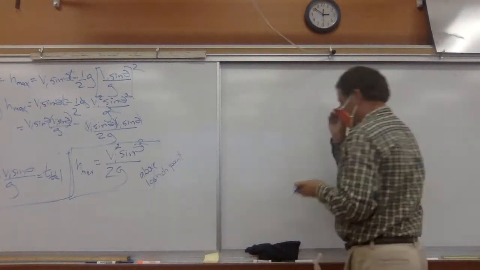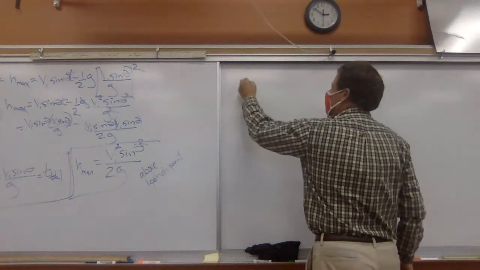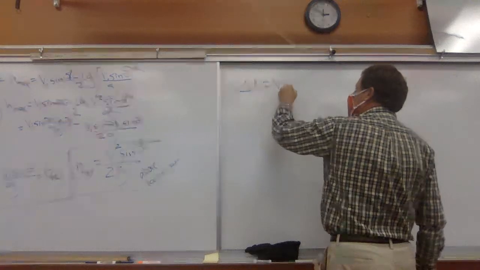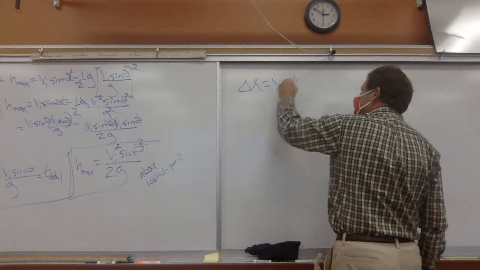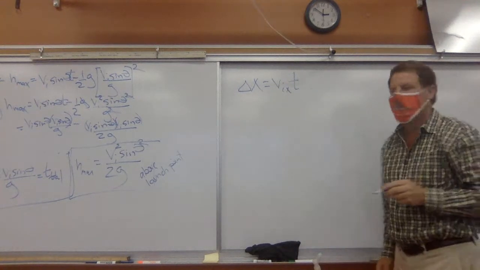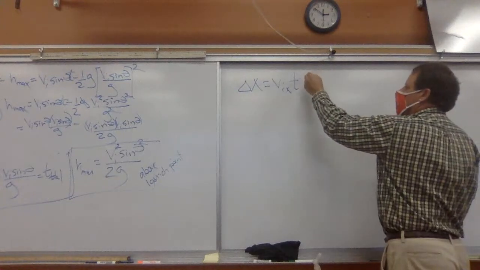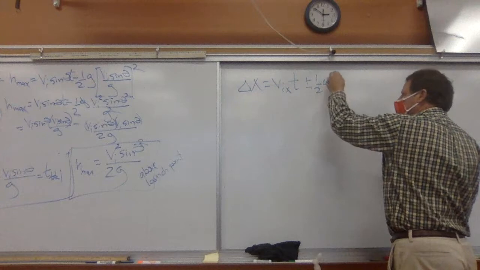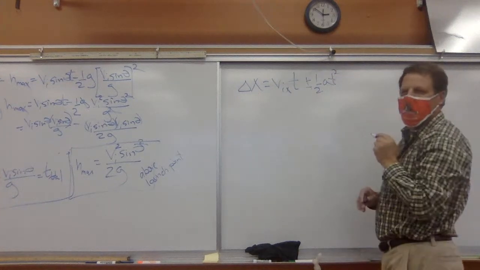Now what we're going to do is say delta x is equal to vi x t plus or minus 1/2 a t squared.